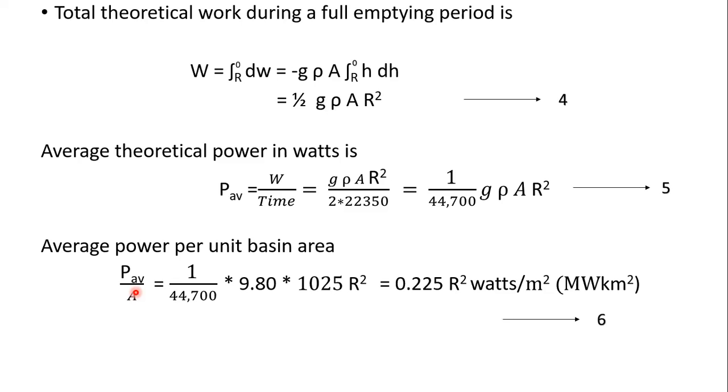Due to these two losses, frictional losses and conversion losses, we get actual power lower than the average theoretical power. This actual power is about 25 to 30% of the theoretical power. So this is the estimation of average power in a single basin.